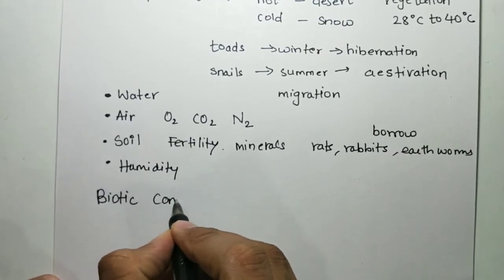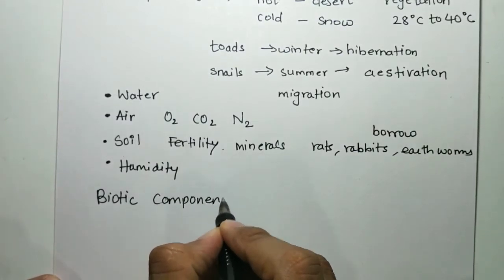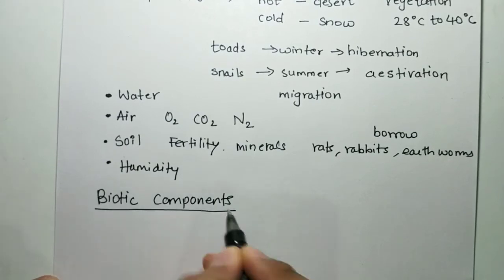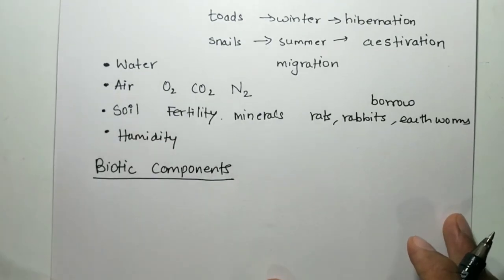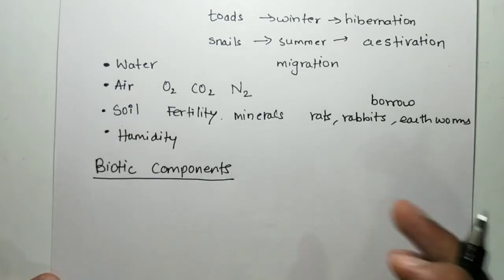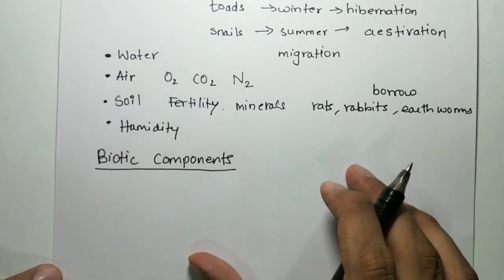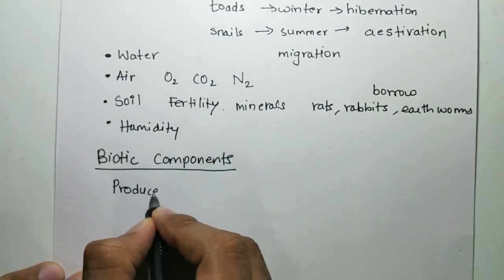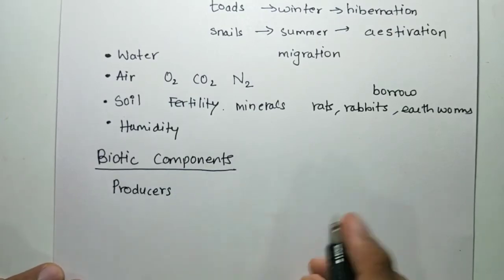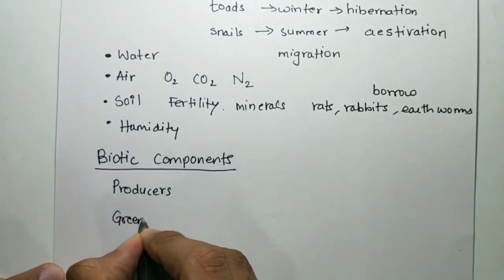Next, we have seen abiotic components. Now let's see biotic components. Biotic means living components, which includes plants, animals, all organisms. So the biotic components are classified in certain levels. The first are producers. Producers are green plants.